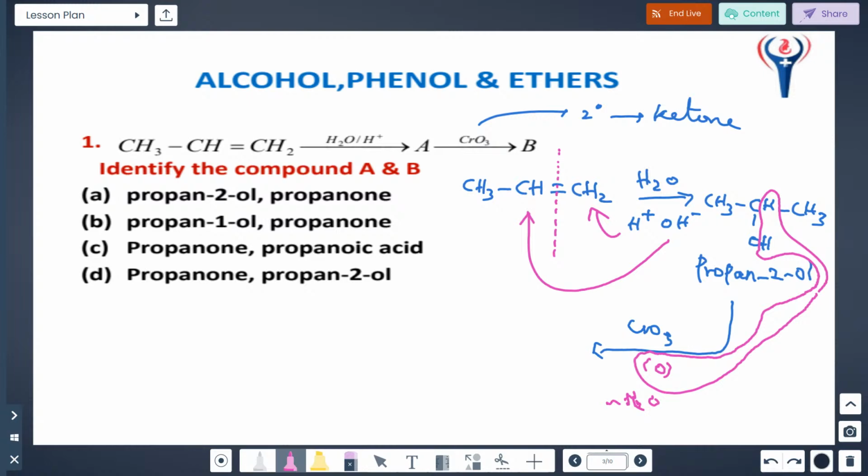CH3, CO, CH3. So we get a ketone, CH3-C=O-CH3. This is called propanone. So A is propan-2-ol, B is propanone. So the answer is option A.